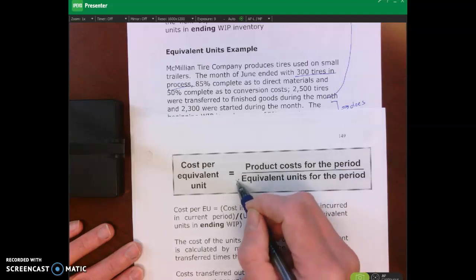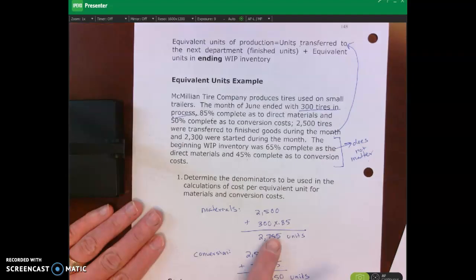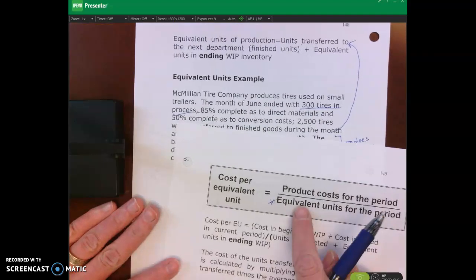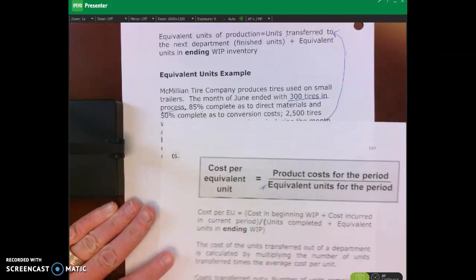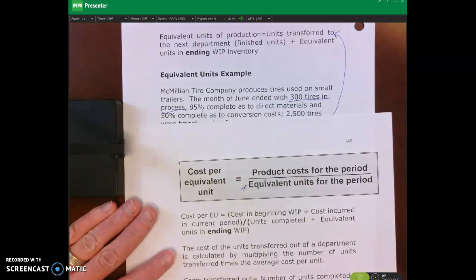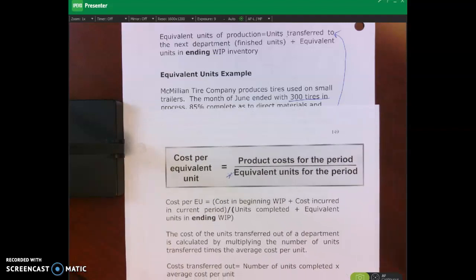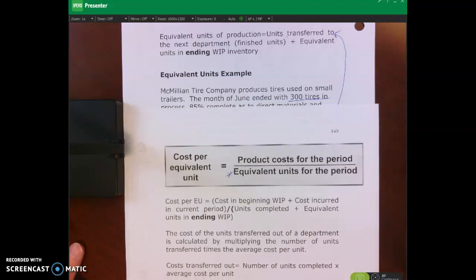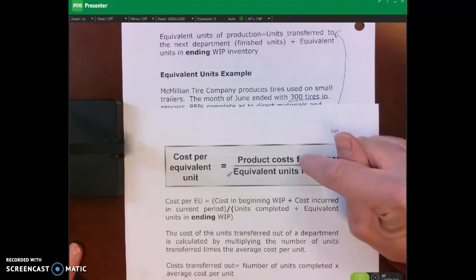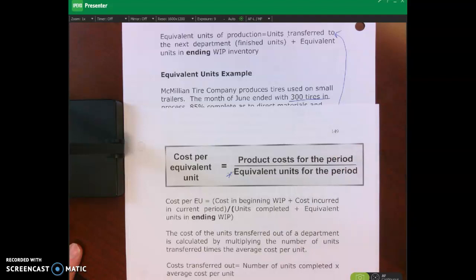That's why we're going through and doing this, because we have to calculate our denominator for calculating our average cost per unit. In the next lecture video, I'm going to be talking about how to calculate the average cost per unit in more detail, and then doing some more additional problems.